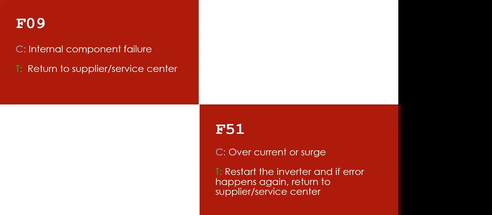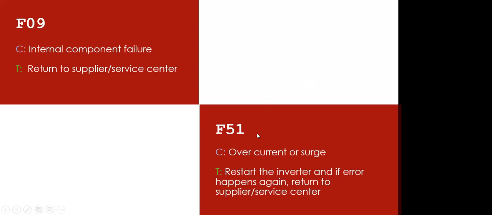Maybe we have inrush current, that is surge, or we have overcurrent. Overcurrent can come maybe because in our design we didn't give allowance for the charging current. Then when there is surge, the inverter cannot handle it for long, and this affects the inverter.